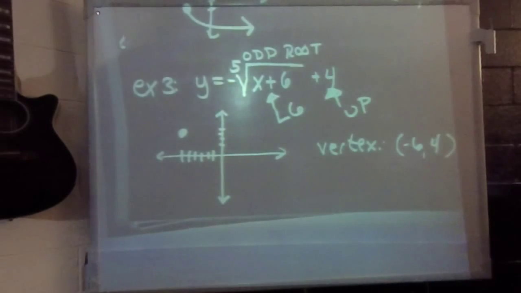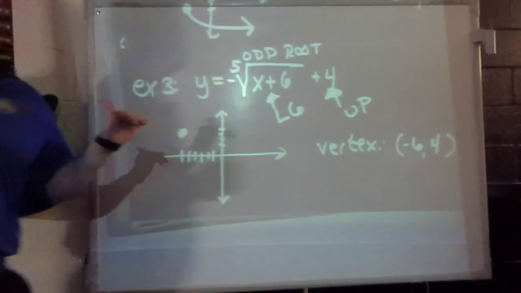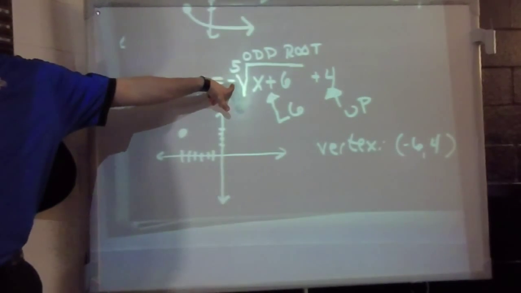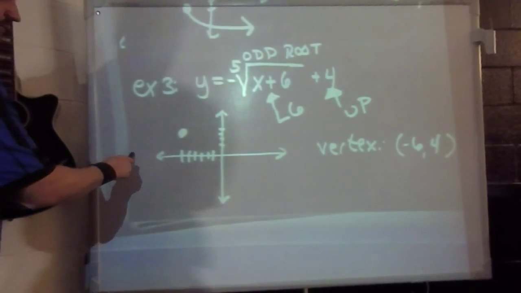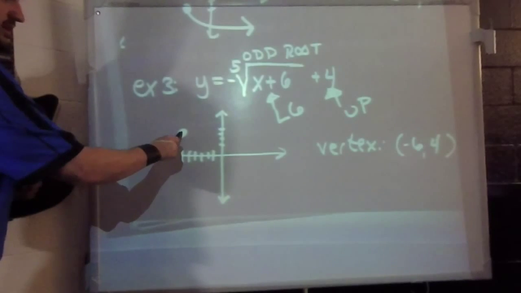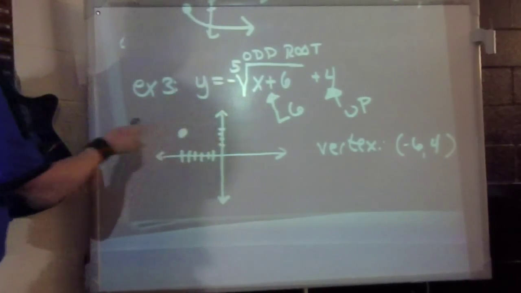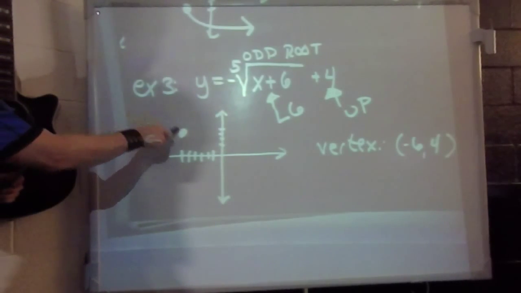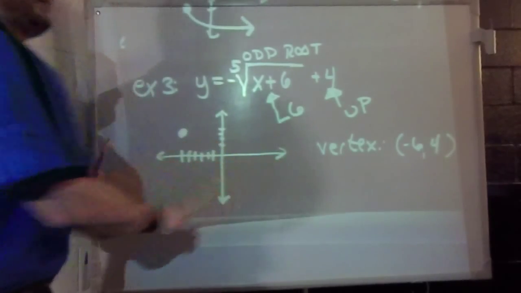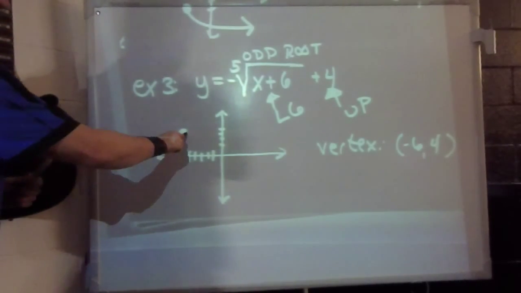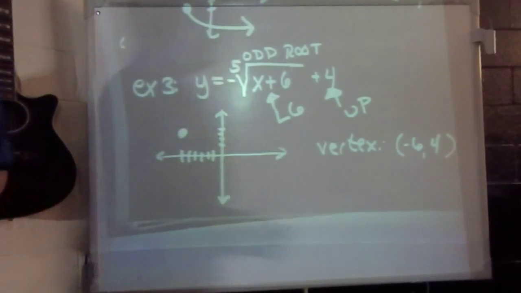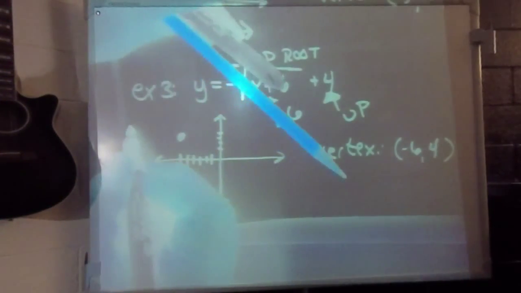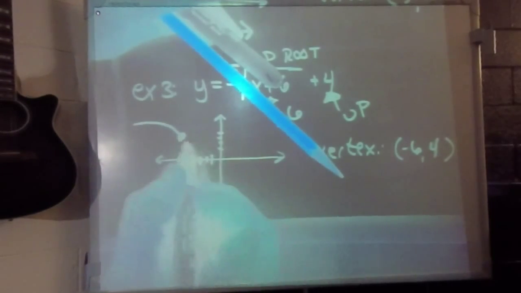And this one is an odd root. The odd root is the sideways squiggle, but what does the negative do? It flips it. So here's what I normally would do. Normally, I'd come from here and go to here, and then go up. I'm going to do the opposite. Instead, I'm going to come from above it and come here and go down. So instead of coming from below it and going like that, I'll come from above it and go this way. So come from above the dot, and when we hit it, we go like this.